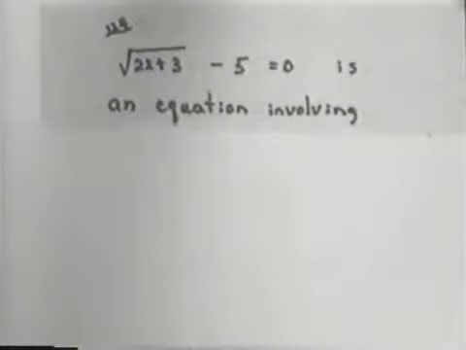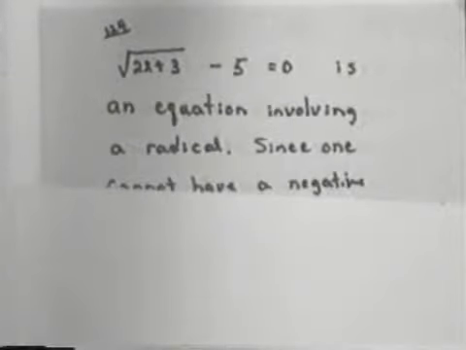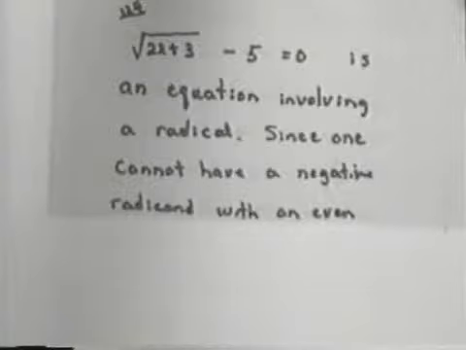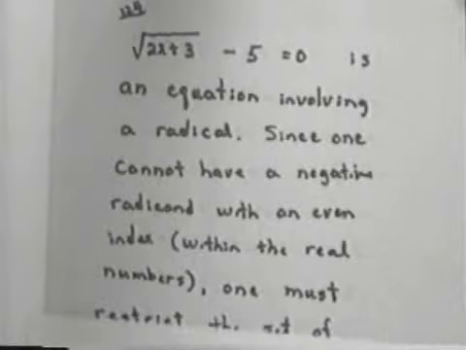The square root of 2x plus 3 minus 5 equal to 0 is an equation involving a radical. Notice we have the radical, the square root of 2x plus 3. We have an equation. Since one cannot have a negative radicand with an even index, that is within the real numbers, one must restrict the set of possible solutions.